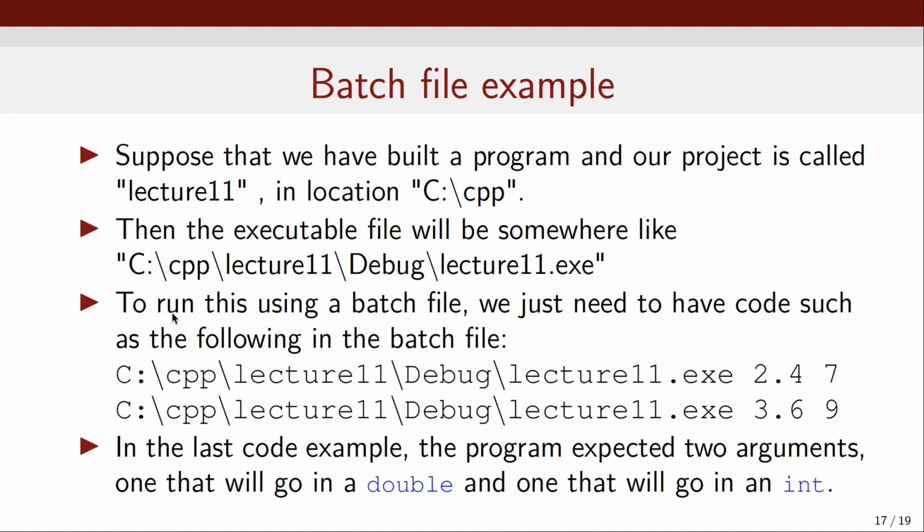and again, remember that applies for Visual Studio. So if you're using CLion or another IDE, the structure may be a bit different. But to run that program using a batch file, all we have to do is write a text file, and inside that I can type the whole directory, the location of that executable, and then just the arguments that I want to pass into it.